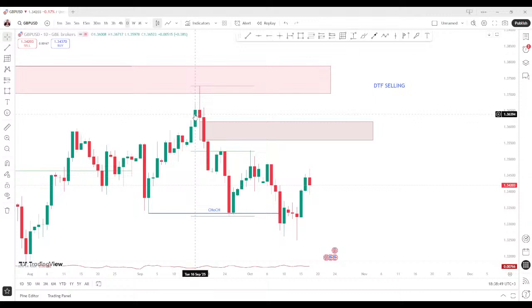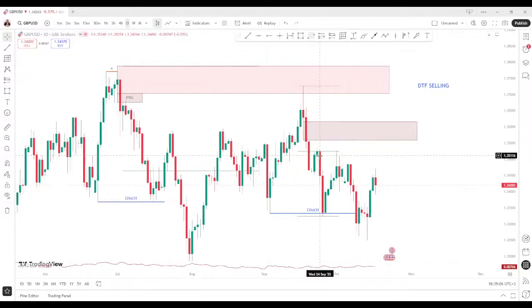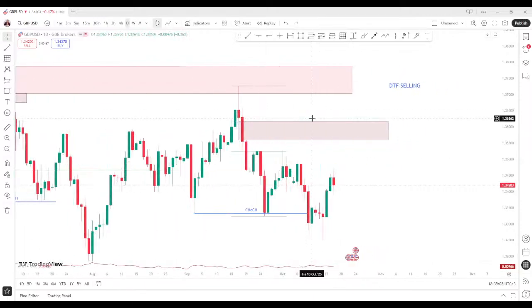Remember, an order block must protect both sides, both the left and the right. This one, it did not protect its left.